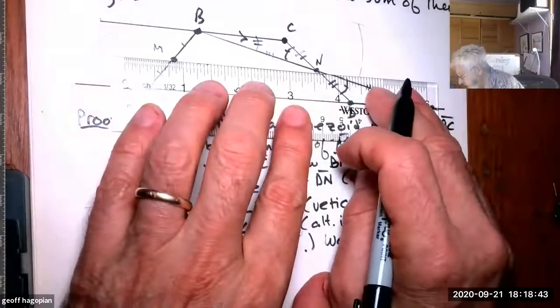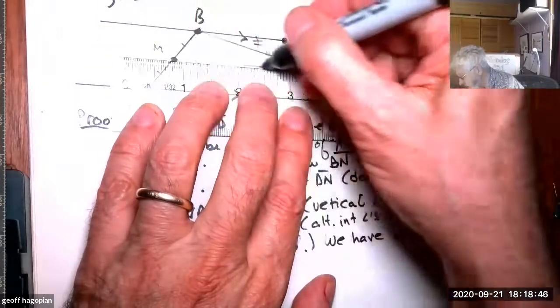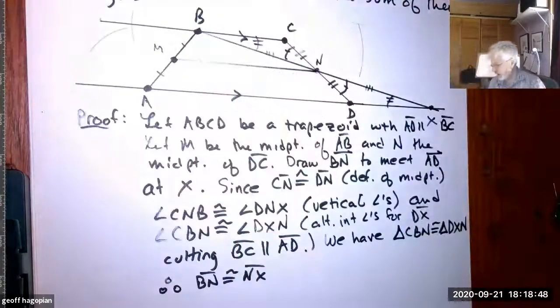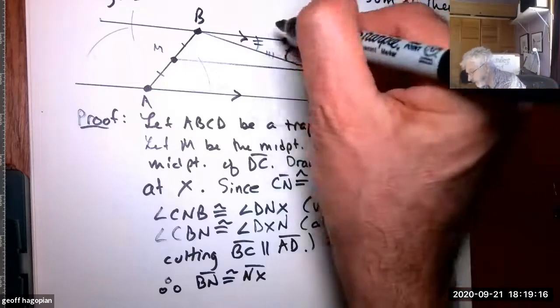This is the median. We want to show that that's parallel to the two bases. So we want to show that MN is parallel, and one way to do that is to get corresponding angles. I suppose I could do the same thing on the other side, but I don't know what good that would do me. So I now know that, oh, okay, this is good, right?